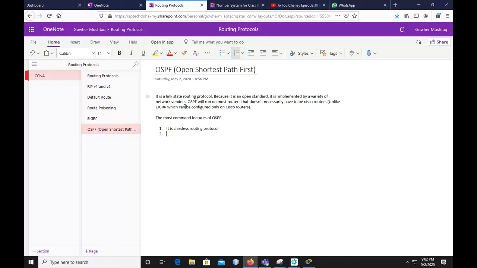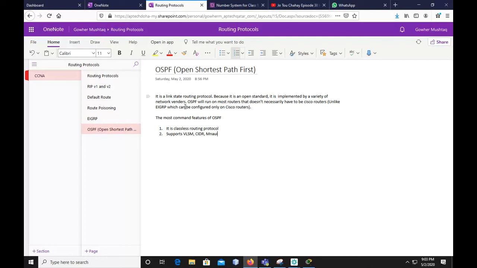So only classful IP addressing is not the limit here. You can go beneath it, subnet the particular network ID and go for more than one subnet. Since it supports classless routing, it should also support VLSM, which is variable length subnet mask, and CIDR.